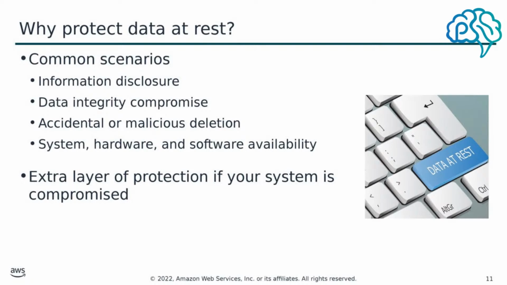So this would also enforce business and compliance requirements. So some of the things to consider would be, in information disclosure, limit the number of users who can access the data, and also use policies to manage access to resources, and then use encryption to protect that confidential data. Also, data integrity compromise.